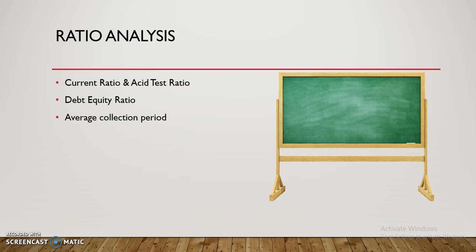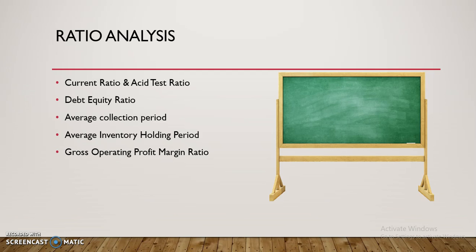And then the average collection period. In the previous video, we learned about fake sales. There may be fake sales if the average collection period is increasing, so we'll learn about it more. Average inventory holding period is also one measure of how effectively you are using your inventories.